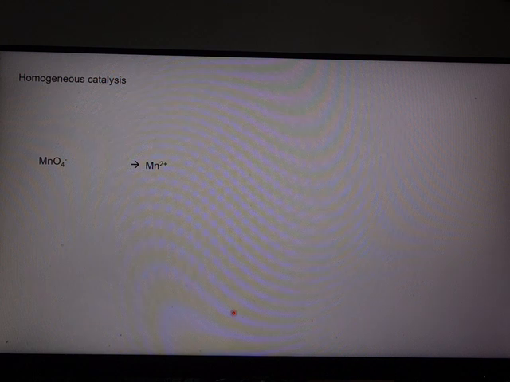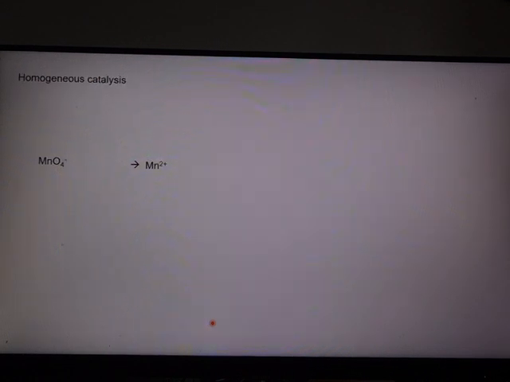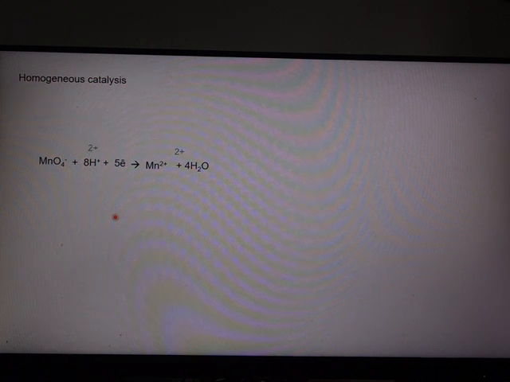So I am going to show the reaction between manganate and Mn2 plus. So manganate turns into Mn2 plus. Okay, so I balance the equation the same way as I did for the previous slide.